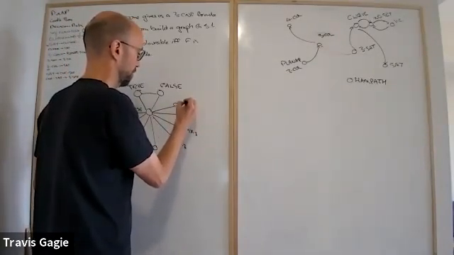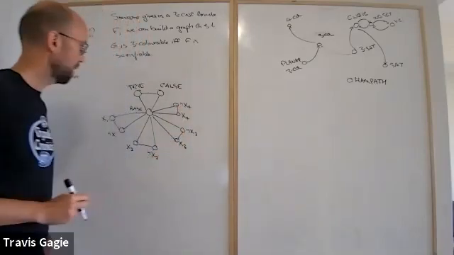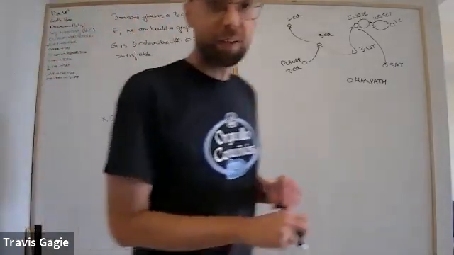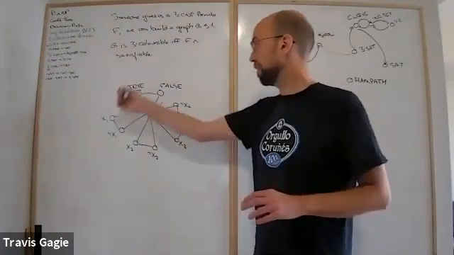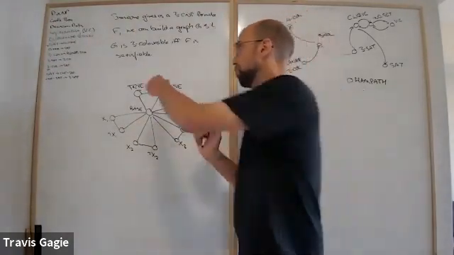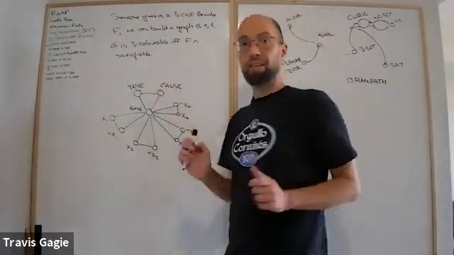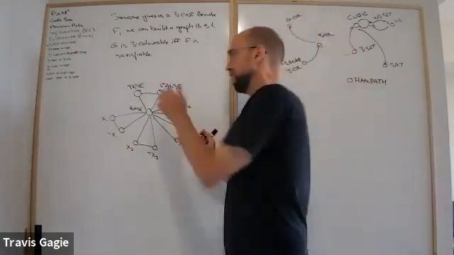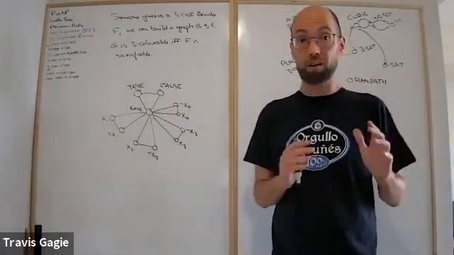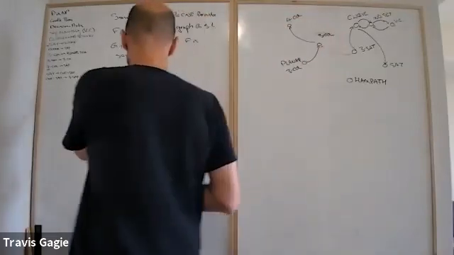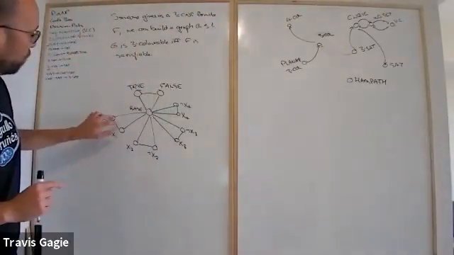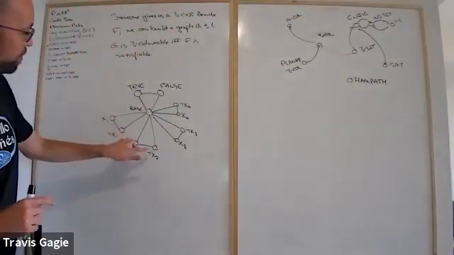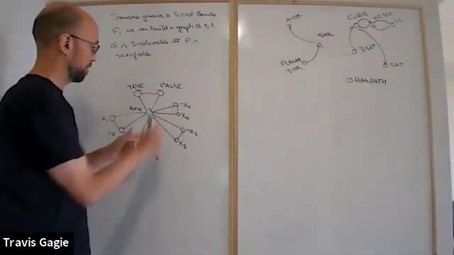x4, not x4. Okay, so does everybody see that if you want to three-color this, true has to get a color, false has to get a different color, base has to be a different color than all of those, than both of these. And that means one of these has to be a different color than each other and different from base.